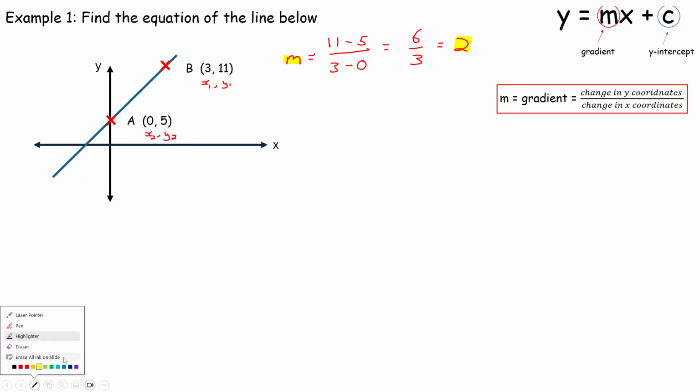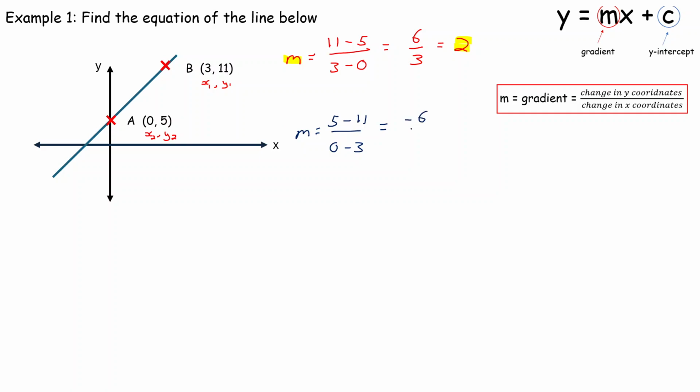Note, and this is quite important: we could have gone the other way around with the coordinates, but it makes absolutely no difference. The gradient m is equal to the change in y. I could have done 5 take away 11 over, and if I started at a with the 5, I've got to start at a for the x coordinate, so 0 take away 3, and I will get exactly the same gradient, 2, which we'll see now. 5 take away 11 is equal to negative 6, over 0 take away 3, which is negative 3.